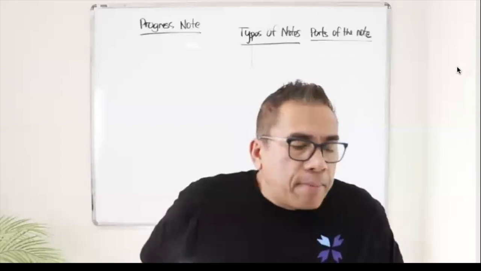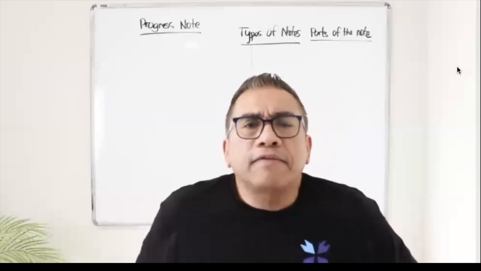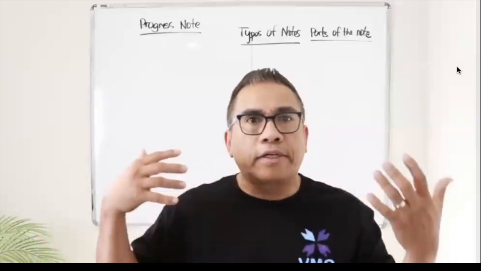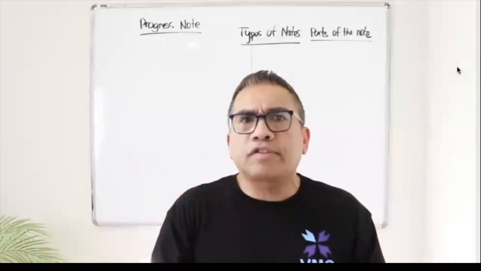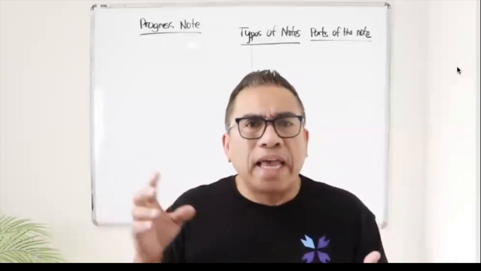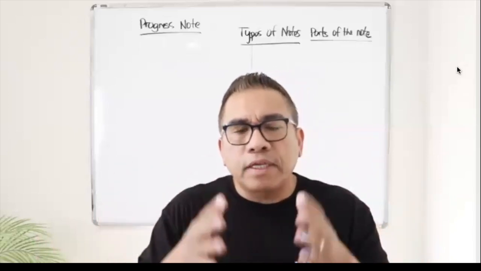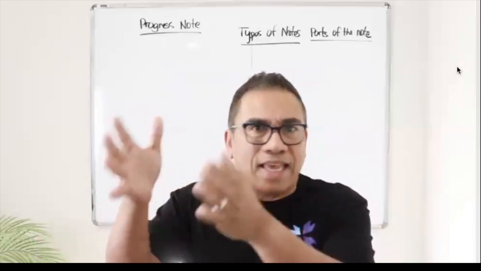Okay, a medical record, guys, they're called many different names. At least in our industry, sometimes they're called progress note, they're called encounter note and whatnot, right? But what is important is to understand what is in there, okay?